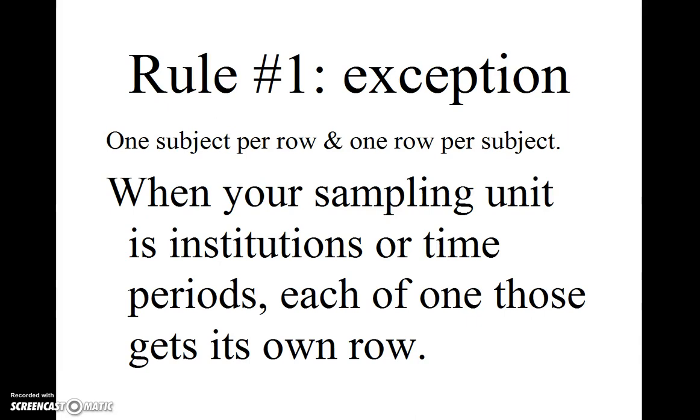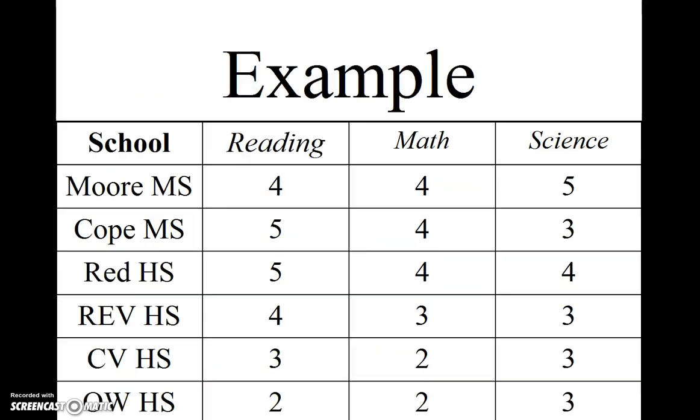Another exception to Rule 1 comes when your sampling unit is institutions or time periods. In this case, each of those will get its own particular row. Here we see each of our data units is a different public school in the Redlands area.